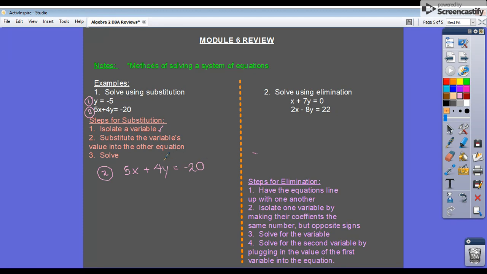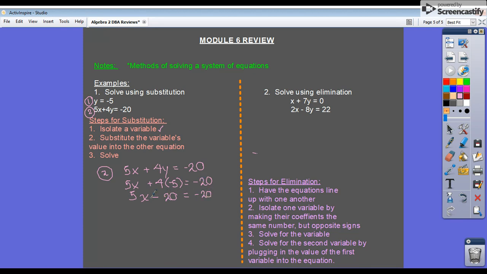So I know that y equals -5. So I'm going to bring down everything else, and I'm going to replace the y with -5. From here, I'm just going to solve. So I have 4 times -5, which is -20, equals -20.